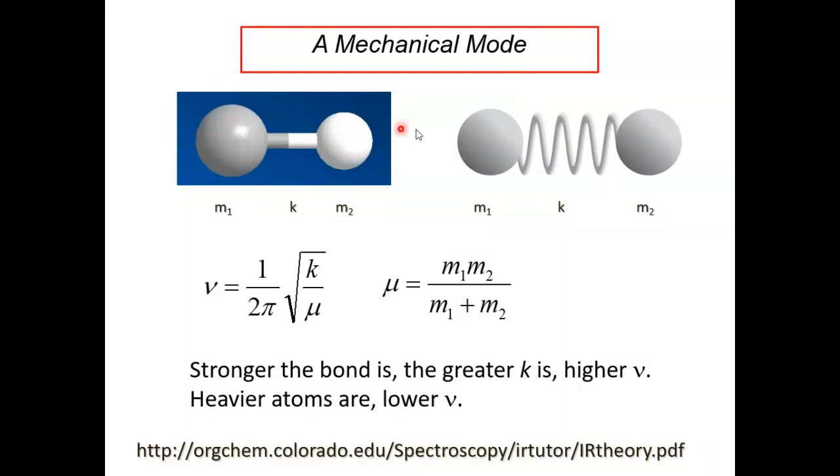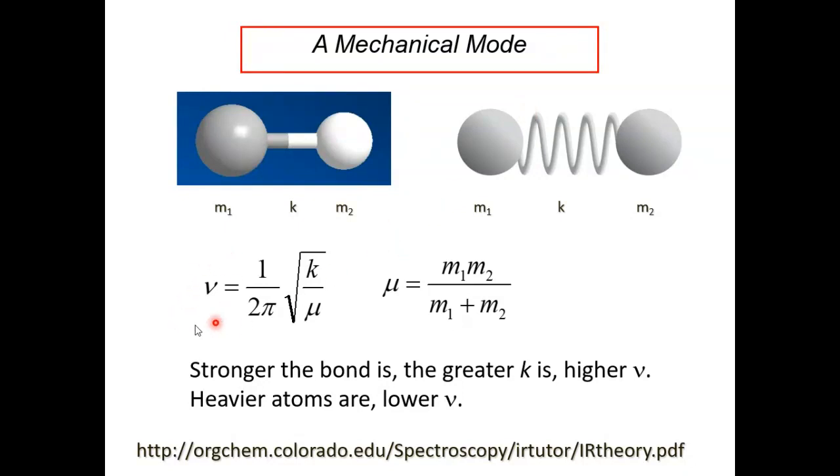So the stretching vibration of this kind of bond can be modeled using a spring and beads. You can consider two beads that have the corresponding masses of the two atoms, connected by a spring, just like two atoms connected by a chemical bond. The strength of the chemical bond is represented by the spring constant K. If you pull this assembly of beads and spring, it will undergo stretching vibration.